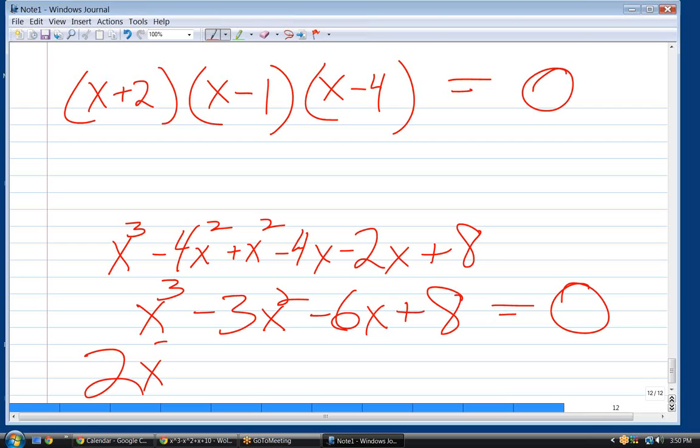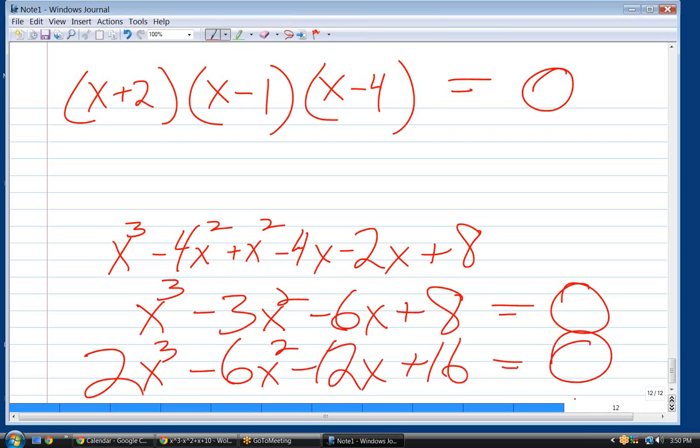We get 2x cubed minus 6x squared minus 12x plus 16, and if we multiply the right side of the equation by 2, we still get that. So this polynomial is not the same as this polynomial. Be very clear about that. They are different. But they both have the same zeros. In other words, one of those polynomials might look like this. The other might look like this.